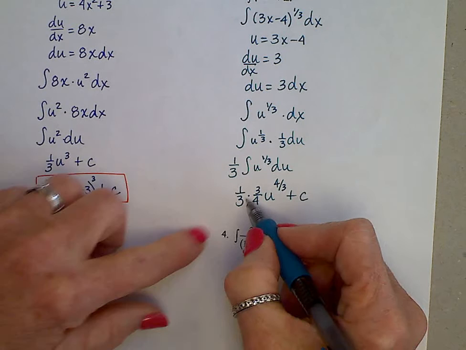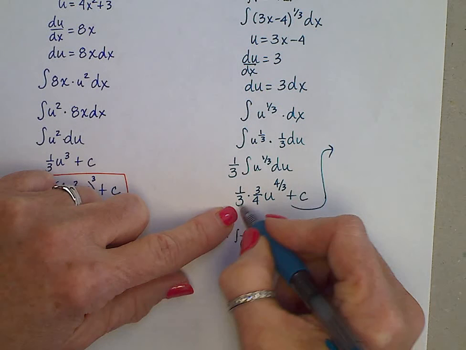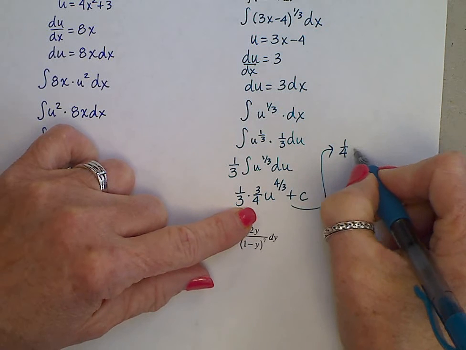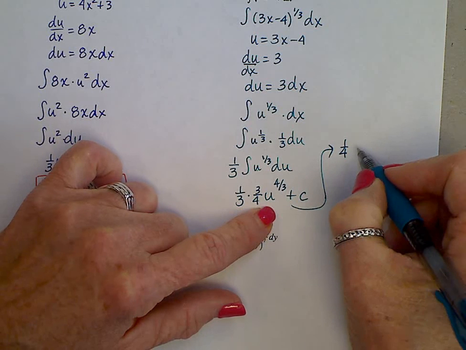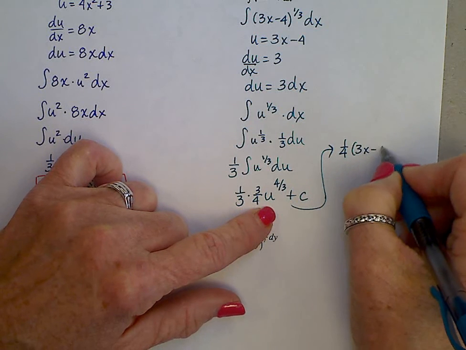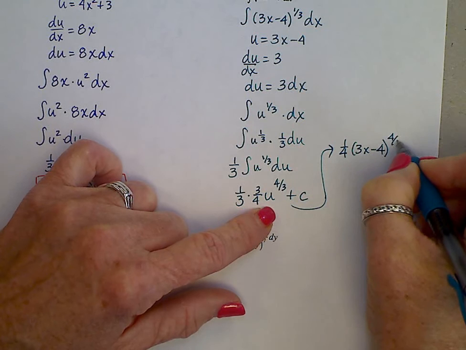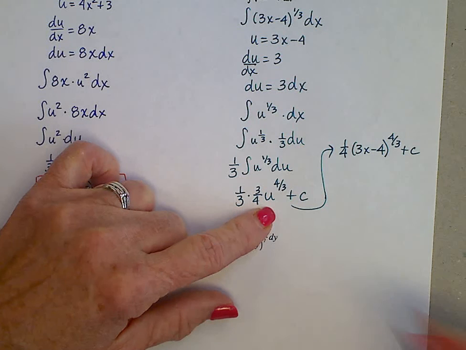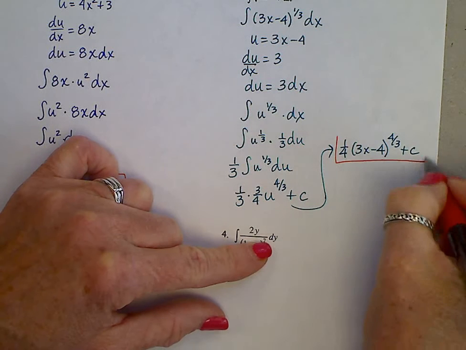And this will give us 1/3 times 3/4, 1/4 u, which was 3x minus 4, to the 4/3, and then plus a c. And there's the answer there.